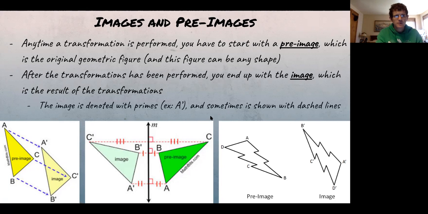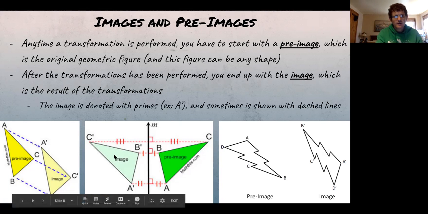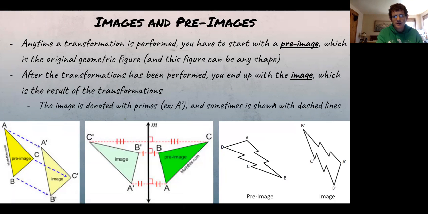Now this is another important thing. Every one of these images, if you notice, here's an image, it's this lightning bolt on the right, this triangle on the left, this triangle on the bottom right, they all use the same notation, which has this prime notation. Now it's just a little apostrophe, but we call it prime. So A got transformed and it ended up over here at A prime.